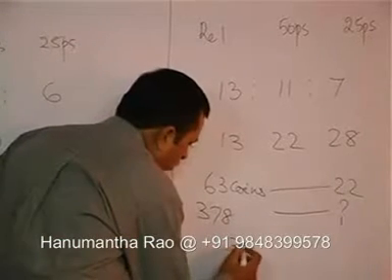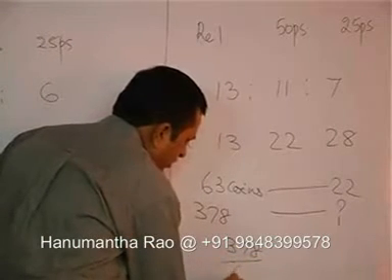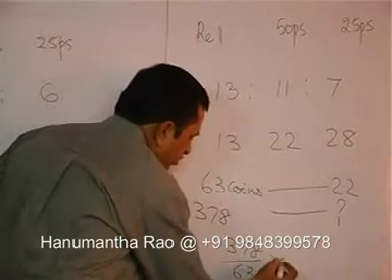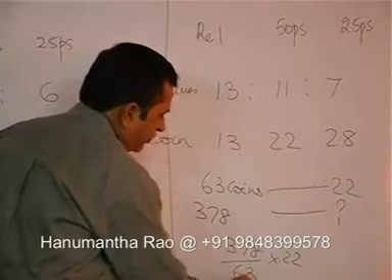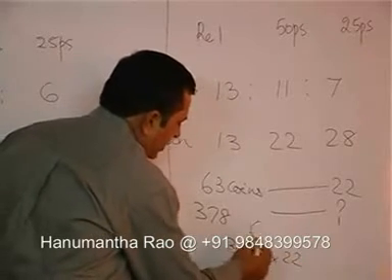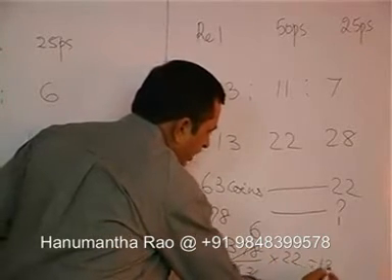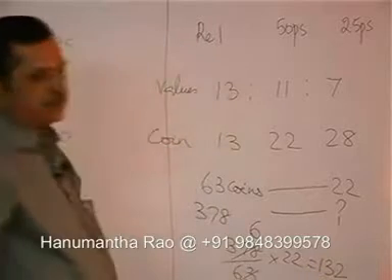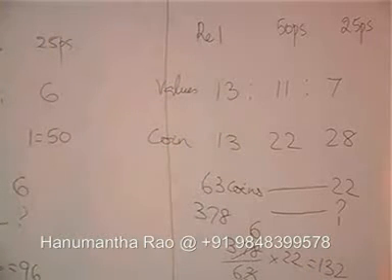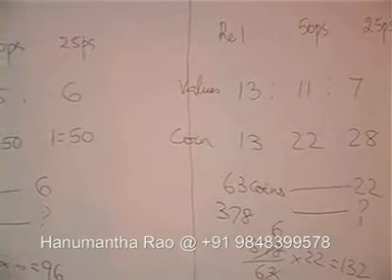So more by less into 22. 378 is 6 times 63. So the number of 50 paise coins is 132.